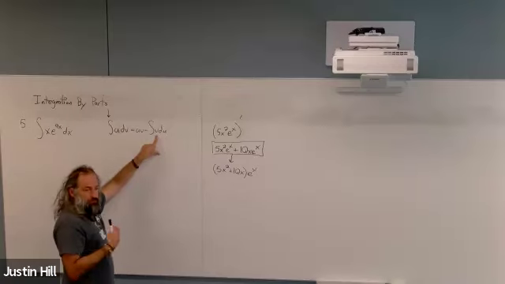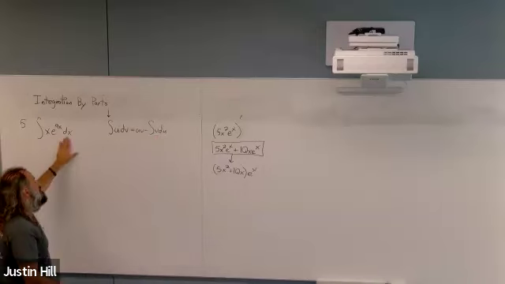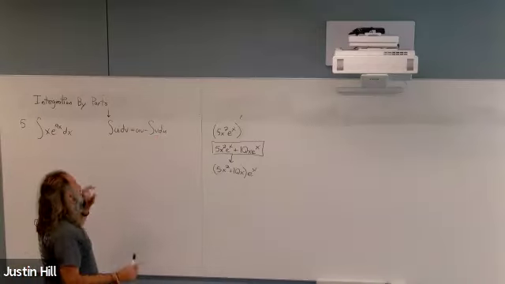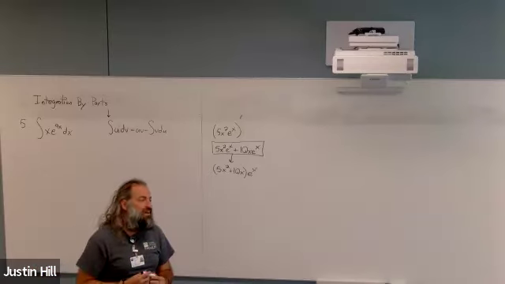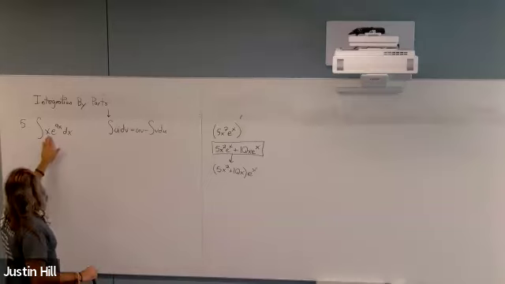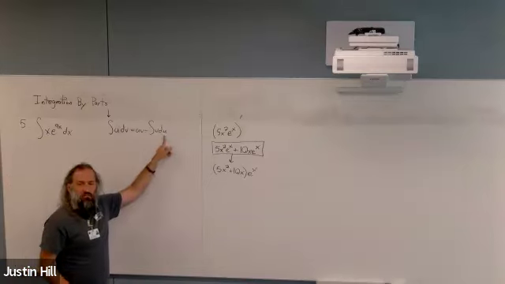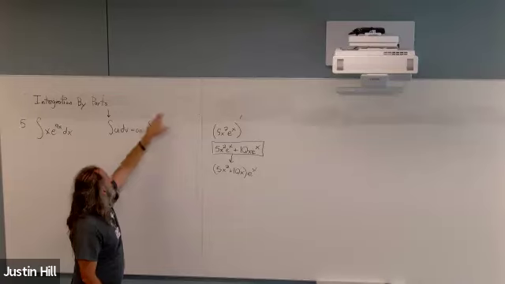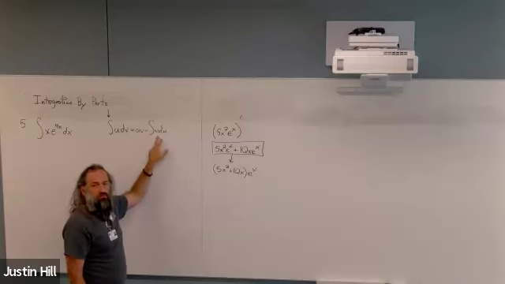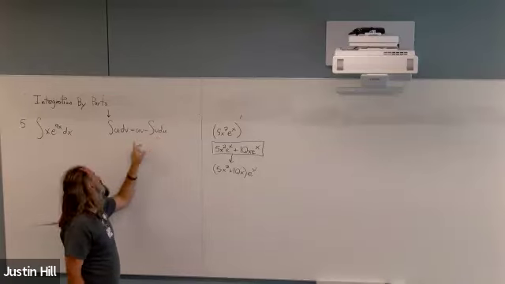So the way I think through the pick is I make sure that whatever I pick for u, I can take the derivative, and the derivative is easy. That's one of my qualifications. I want the derivative to be easy because you want this integral to be simpler than the integral you started with.